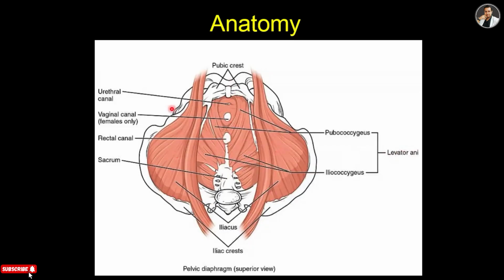And there are also some major muscles like the iliacus muscles that are not directly involved with the rectum.